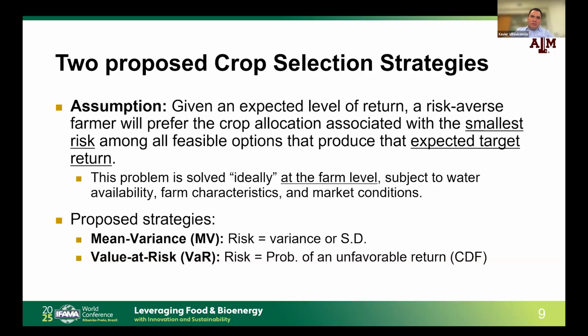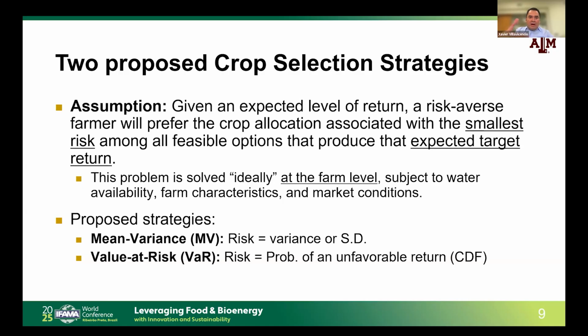It is the amount of money that the company is going to lose in the most unfavorable situation. So we are going to define risk in this case as the probability of a very unfavorable return. This is calculated using the cumulative distribution function of the returns.